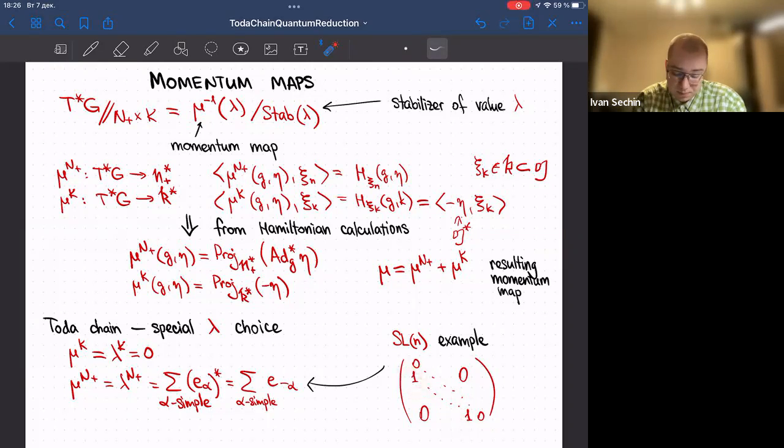And we can choose, for example, different elements and nothing changes. But here we choose ones below the diagonal.